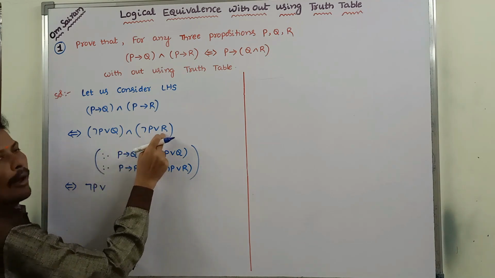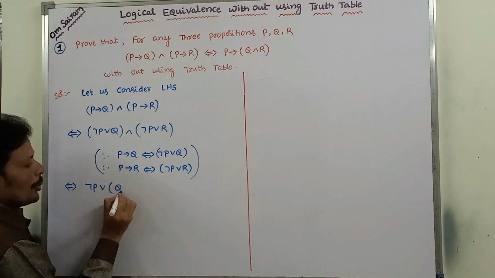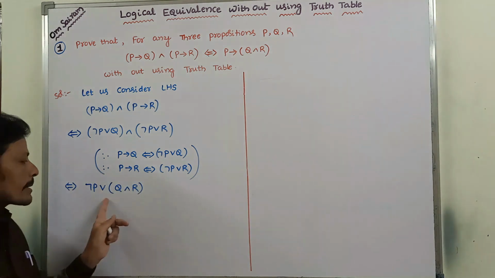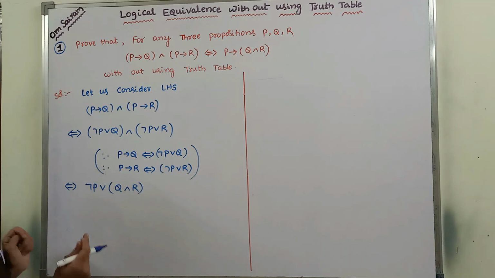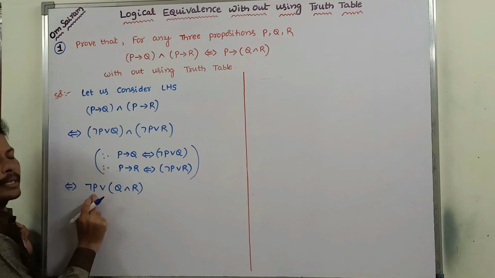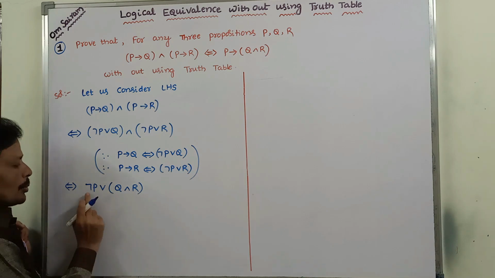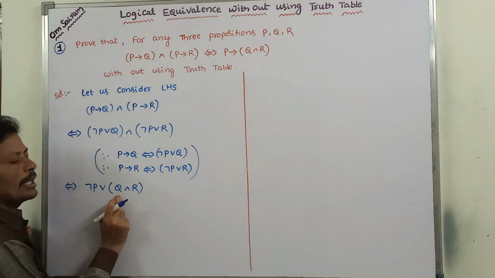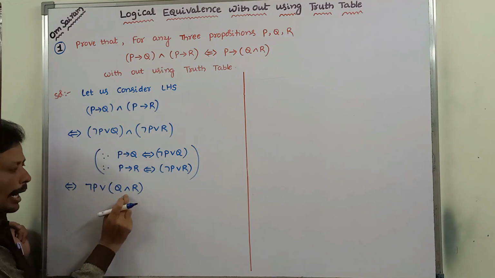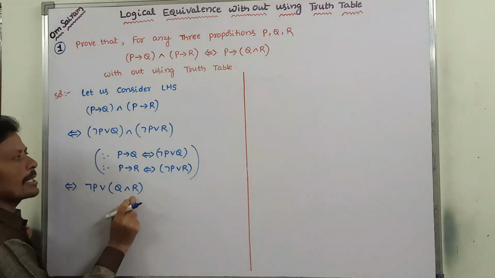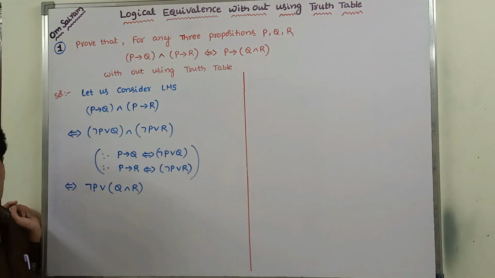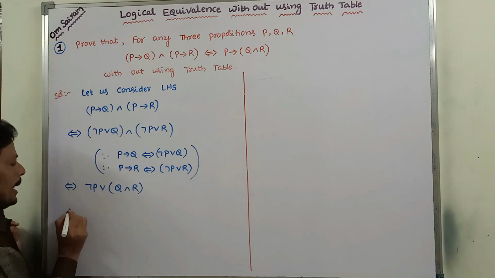Q and R. Whether it is correct or not, we have to check again. This entire thing is multiplied with ¬P ∨. So ¬P ∨ multiplied with Q gives ¬P ∨ Q, and ¬P ∨ multiplied with R gives ¬P ∨ R. Okay, it is correct.